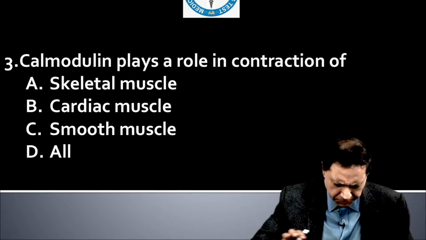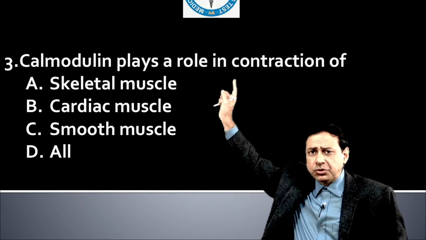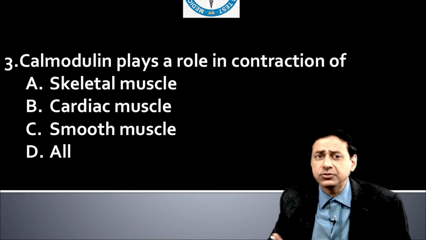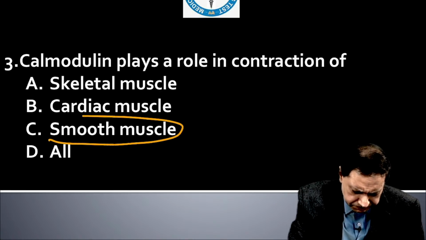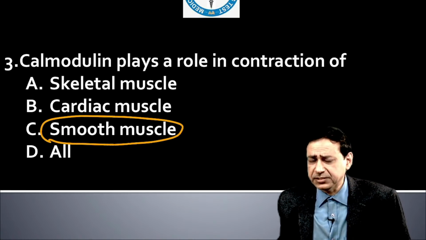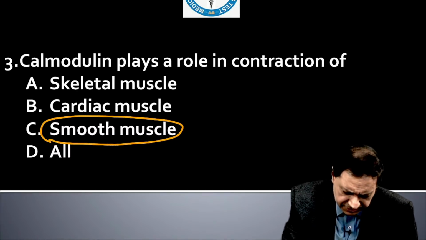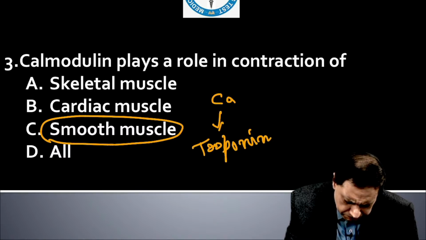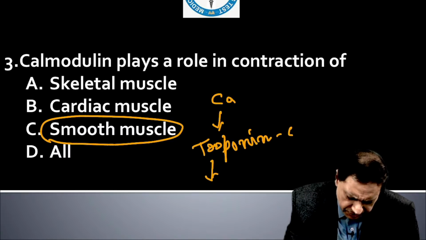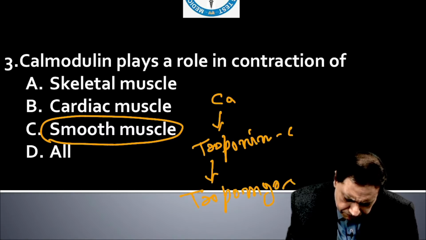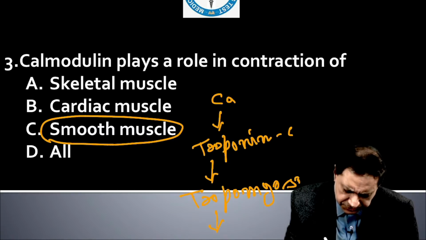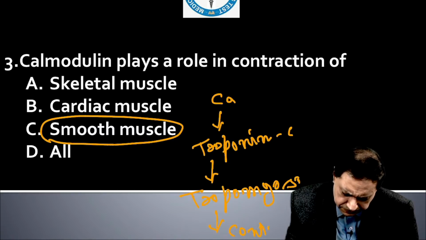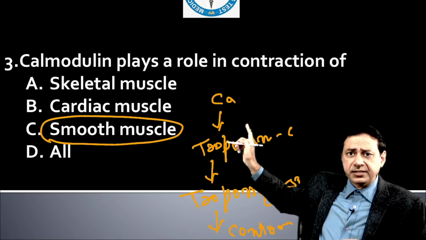Just see this. Calmodulin plays a role in the contraction of smooth muscle. In skeletal muscle, calcium combines with troponin C, then tropomyosin, and then contraction. This is in skeletal and cardiac muscle.